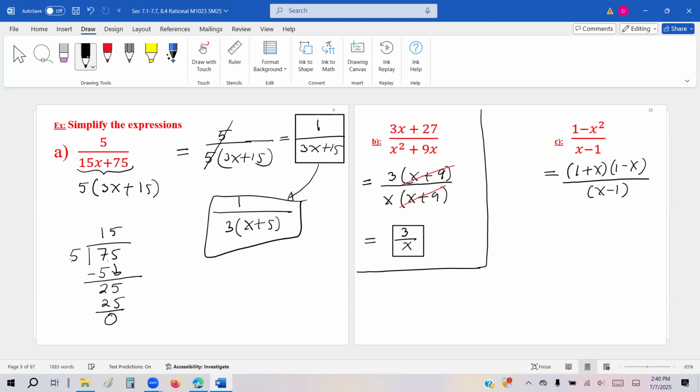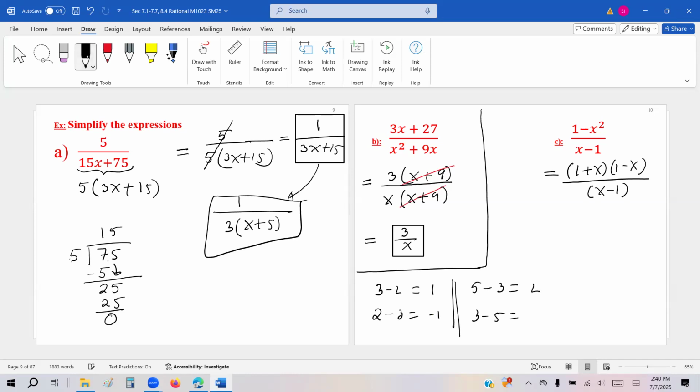Now let me show you something different. Let's say you have 3 minus 2. What is 3 minus 2? 1. What is 2 minus 3? Negative 1. Let's say you have 5 minus 3. What is 5 minus 3? 2.